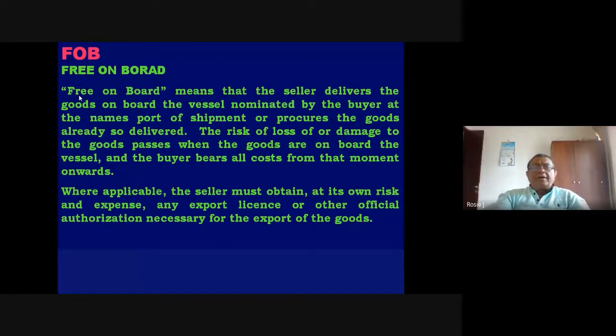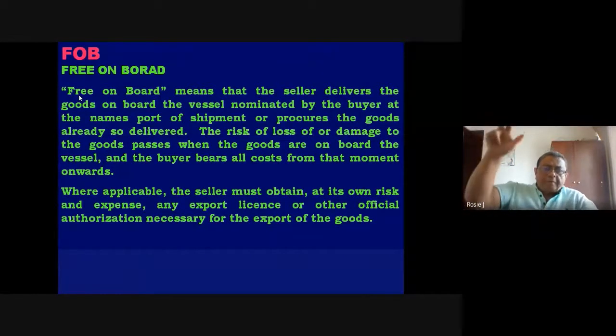He has to bring it to the port, and ensure that the goods are loaded on board the ship, right? So when the BL is given by the captain, he also makes a notation, shipped on board successfully, right?